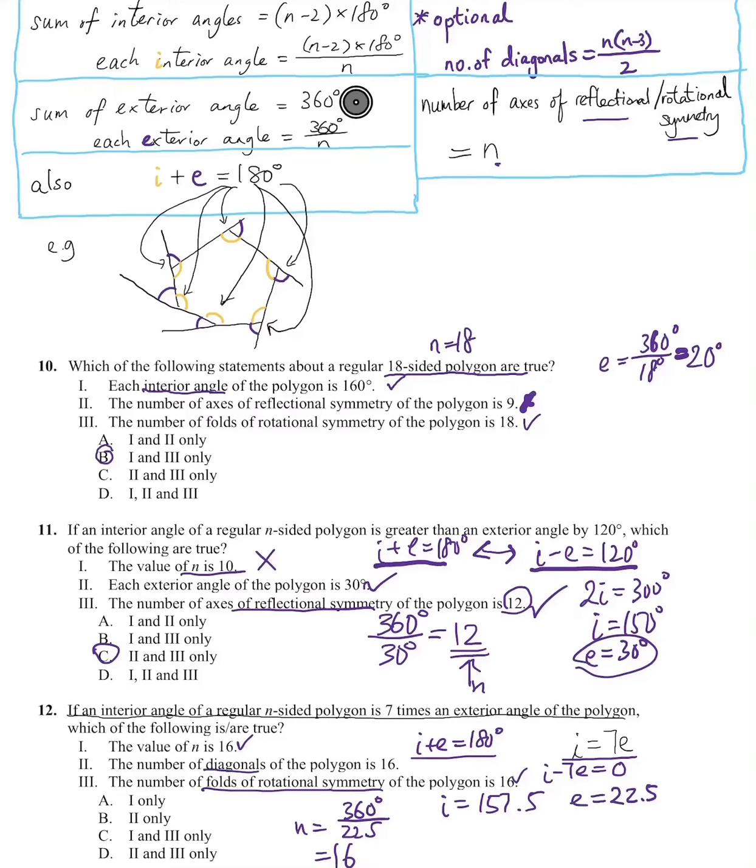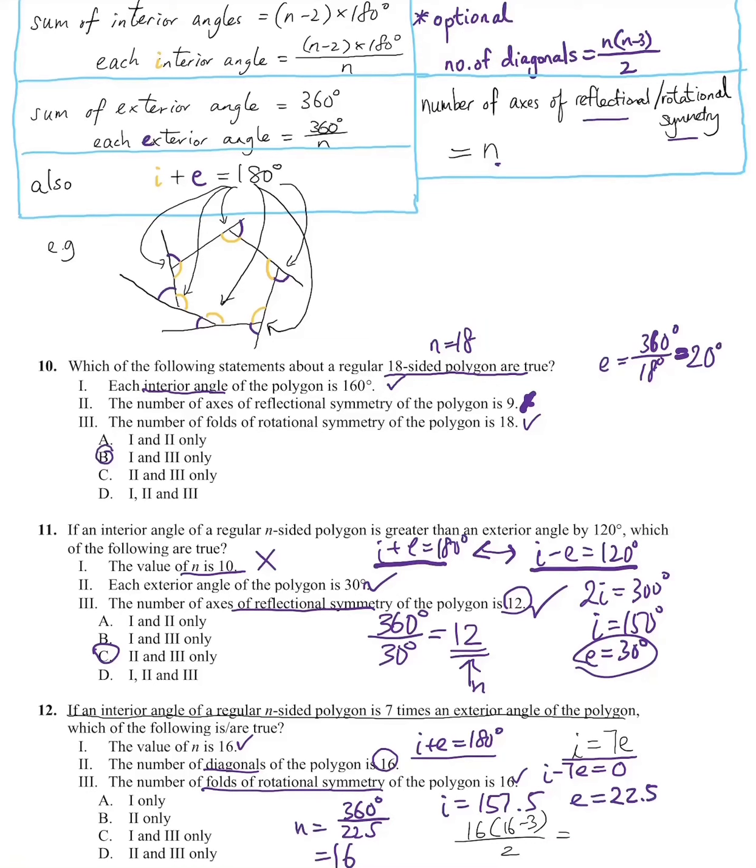But for the diagonals, most of the time so far in DSE they always use the n value, which is wrong, because you know there's a formula for it, which we don't normally teach in the class. It's n times (n minus 3) divided by 2. So if you really want that, the number of diagonals is 16 times (16 minus 3) over 2.